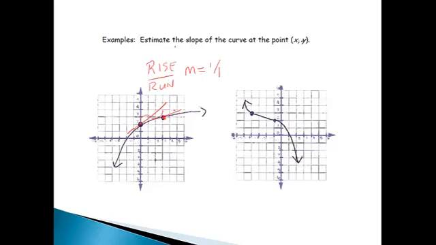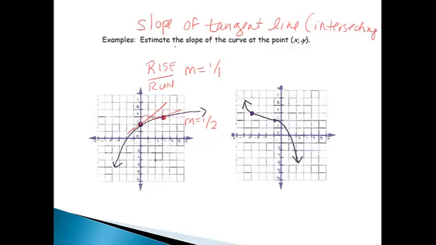It might be up 1 over 2. So when they say estimate the slope of the curve, what they really mean is find the slope of your tangent line. And again, remember that the tangent line is intersecting the curve at a point.